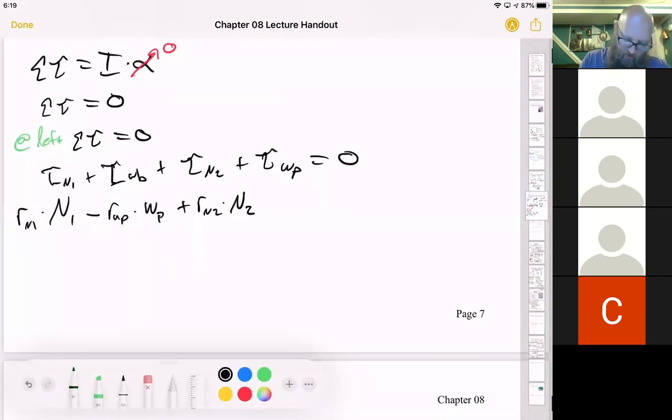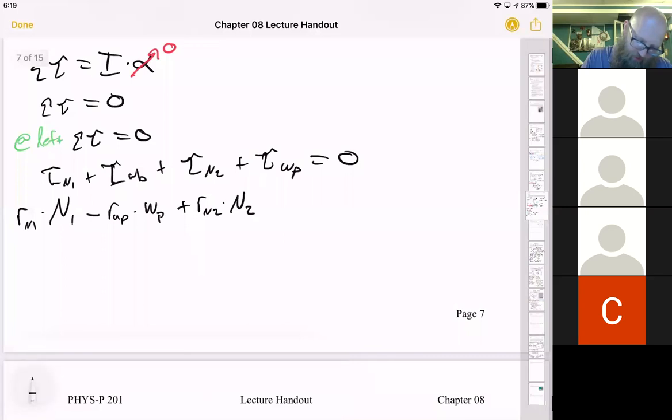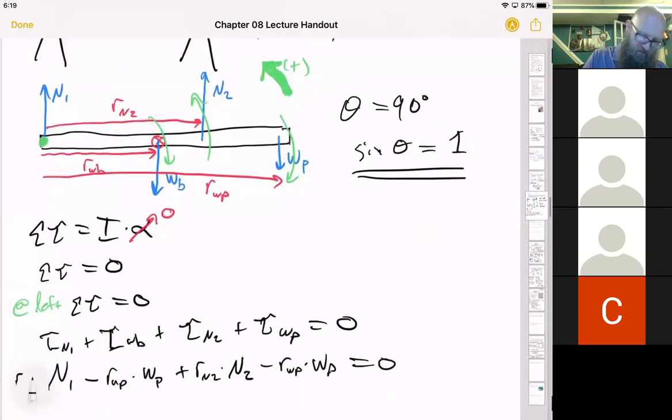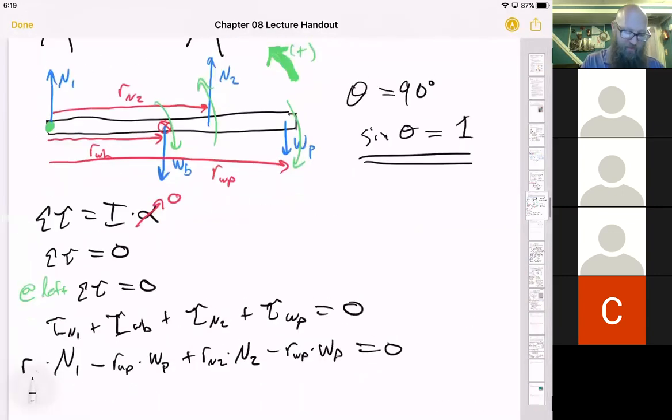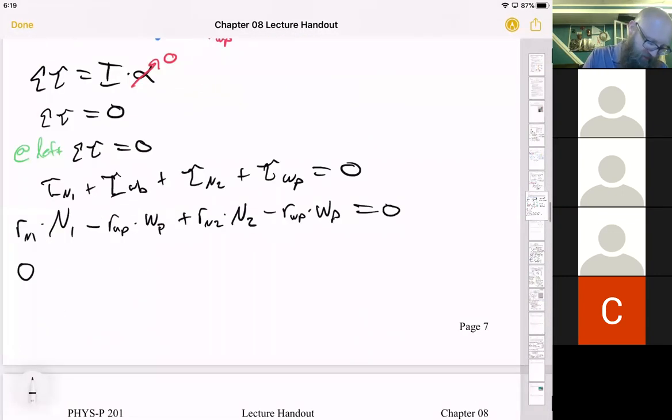So our last is the torque due to the paint can, which is negative R paint can times the weight of the paint can, equals 0. Okay. So the R for the normal force, for normal 1, is 0, right? So I'll say 0 times normal 1.